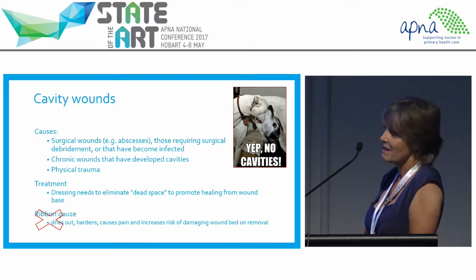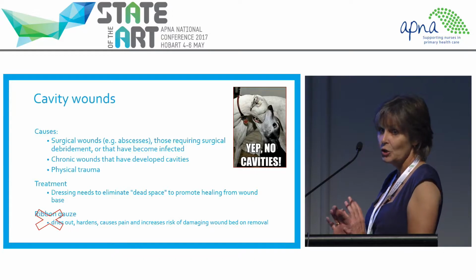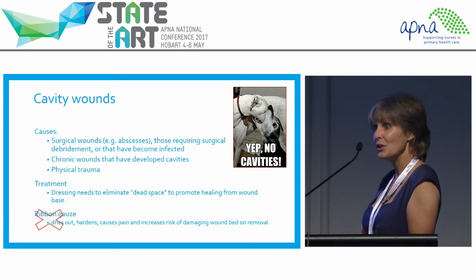Generally in primary health, there's far better dressings that we can use, and my experience in the past, when surgeons have ordered this for patients being discharged, is to ring the surgeon and say, I'm sorry, we don't even stock ribbon gauze. We can't do that. Therefore, if you want it doing, you do it. But we are happy to use whatever dressings you have in stock.